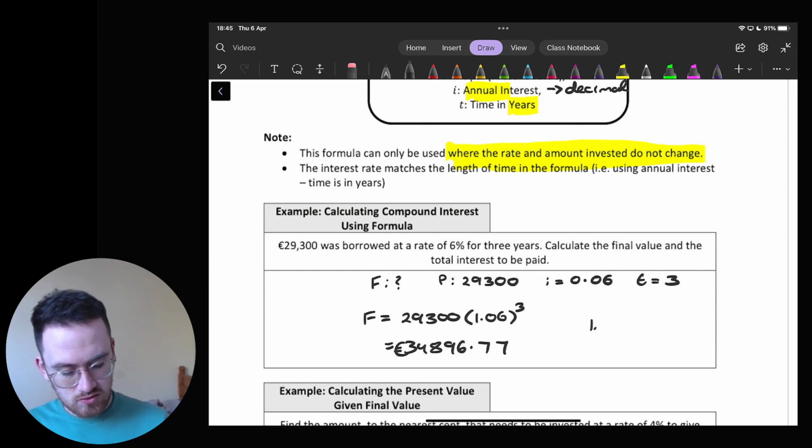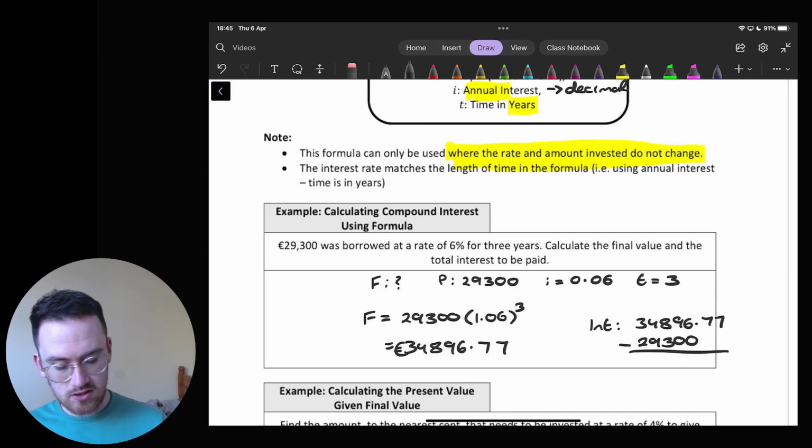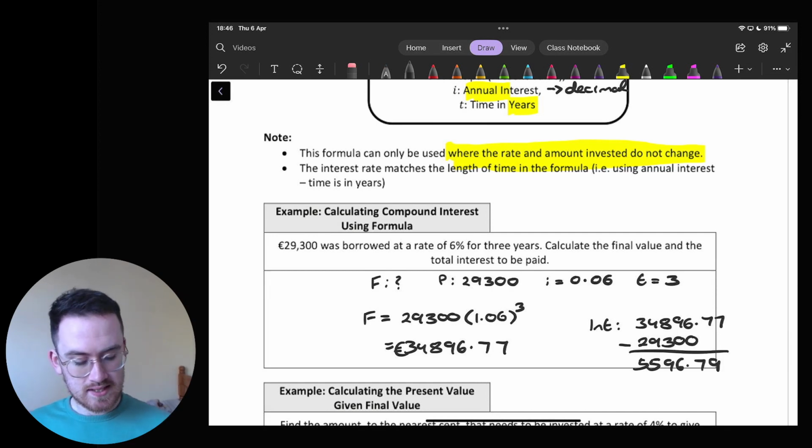To work out the interest then, I would take that final value and take away what I invested, because any increase in that would have to be the interest. So I can work out that the interest is 5596.79. That seems slightly off. Let me double check that.